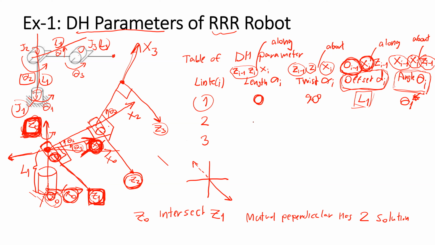So how can we derive the parameters? The length of link 2 is measured from Z1 to Z2 along X2. Of course, the distance will be this length, L2.